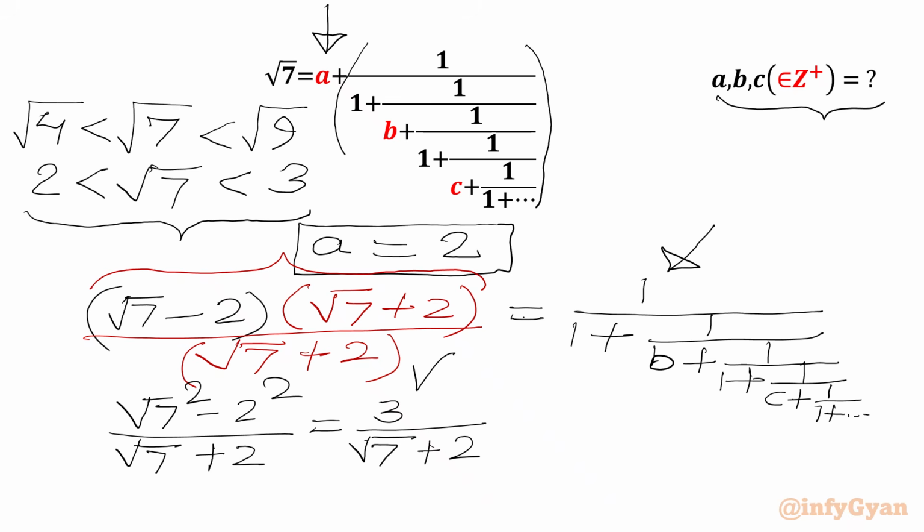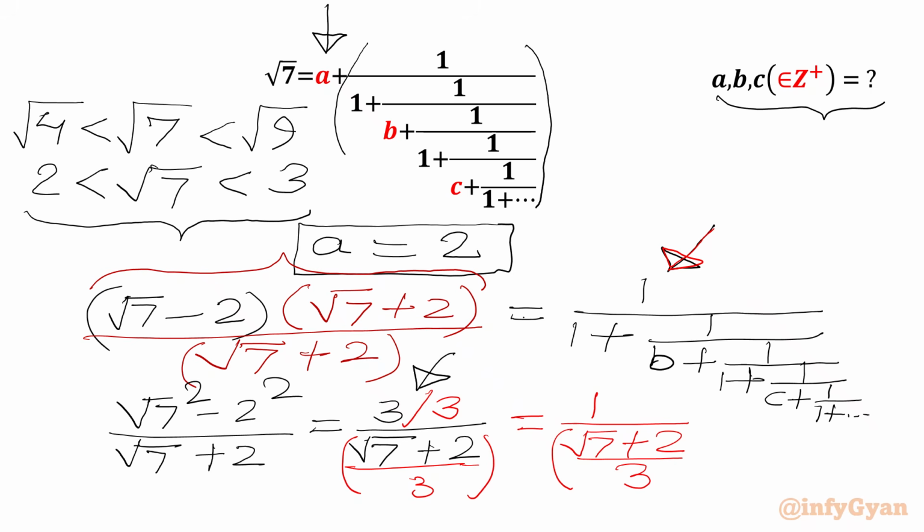Still we have 3 in the numerator. So we are going to divide numerator and denominator here by 3 to match with RHS numerator 1. So I need to divide here also by 3. Now we can write LHS 1 over square root 7 plus 2 over 3.